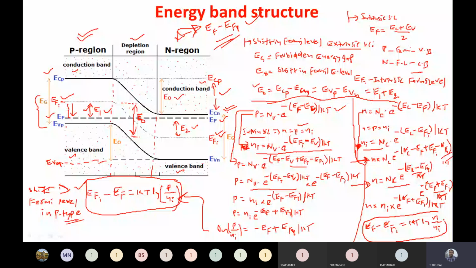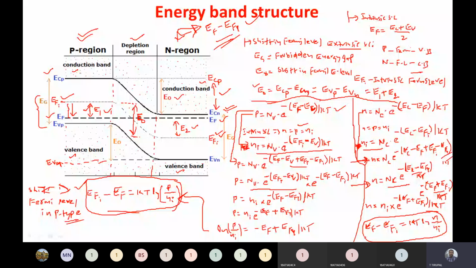The same similar equation here, this is for p-type: EFI minus EF is equal to KT ln p by Ni. But here EF minus EFI is equal to KT ln n by Ni. So these are the two equations, called shift in Fermi levels, and these are very, very important equations.